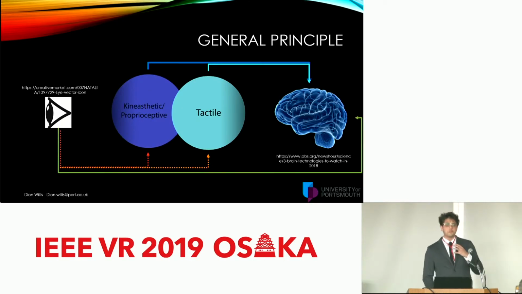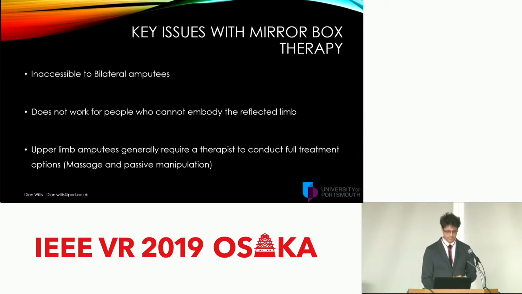Now, the principle is that when you see something, you can have a cross-modal interaction, and this can reintroduce tactile, kinesthetic, and proprioceptive modalities back into the part of the brain that is not being affected anymore, specifically the somatosensory cortex and the motor cortex. And by doing this, you reintroduce the modalities and then it alleviates the pain. That's the general principle of this.